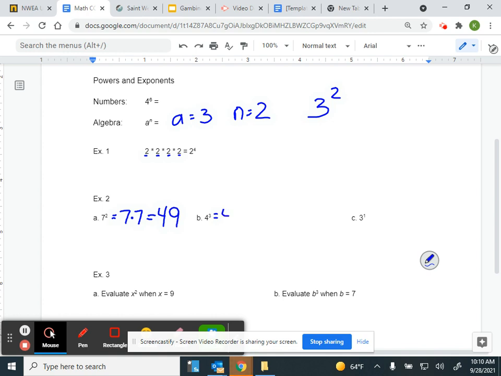I did 4 times 4 times 4. We have that 3 as our exponent, so we need to have 4 3 times. And she thinks that's 64. Let's check the math. 4 times 4 is 16. Times 4 more would be 64. Good job.